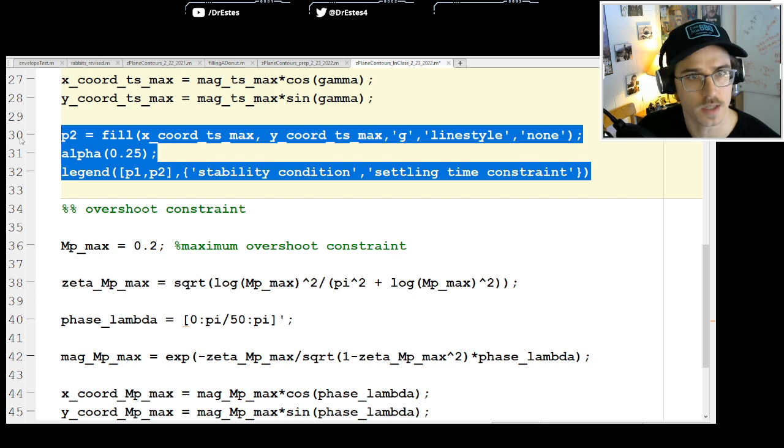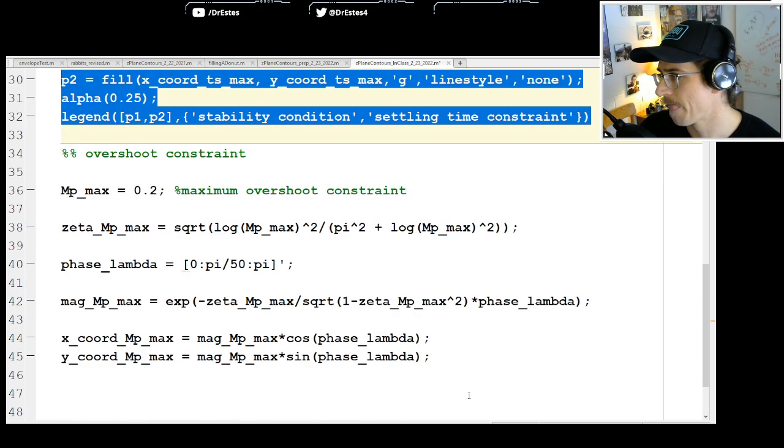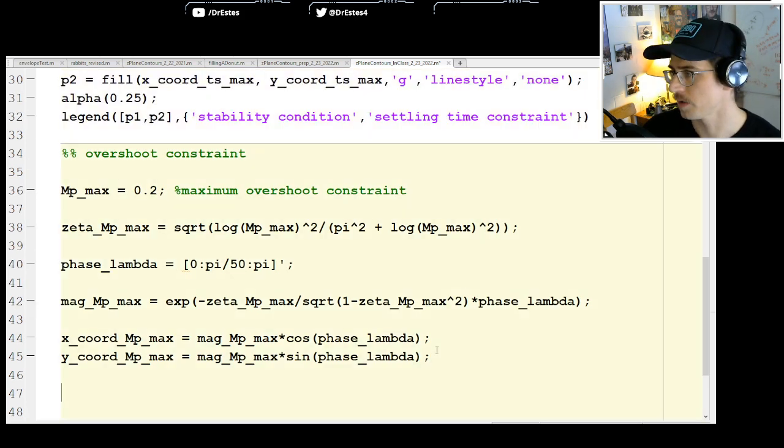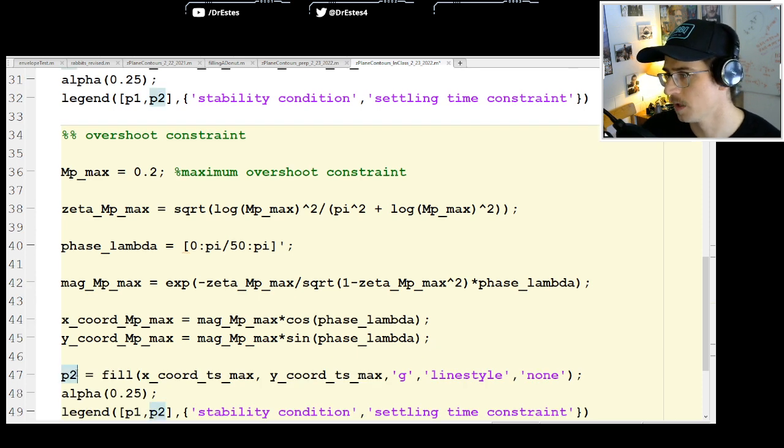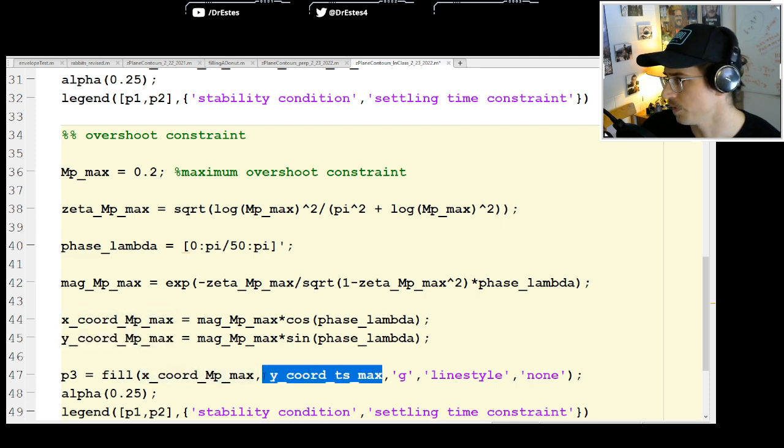I'm going to copy lines 30 through 32 and throw them down here and use the same format. But we'll call this P3, our third layer here. And for the x-coordinates, we're going to put in the coordinates for this overshoot constraint.